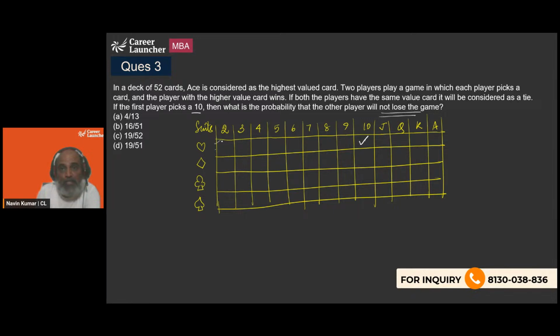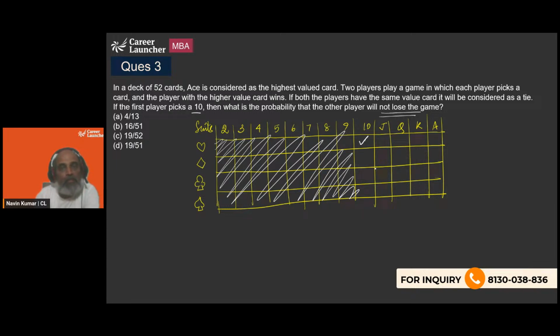Now, the second player should not lose the game. Can I say the second player should not pick any out of these many cards? Not losing the game does not necessarily mean that you have to win the game. There can be a tie as well. So the second player will have these many cards to select from, right?